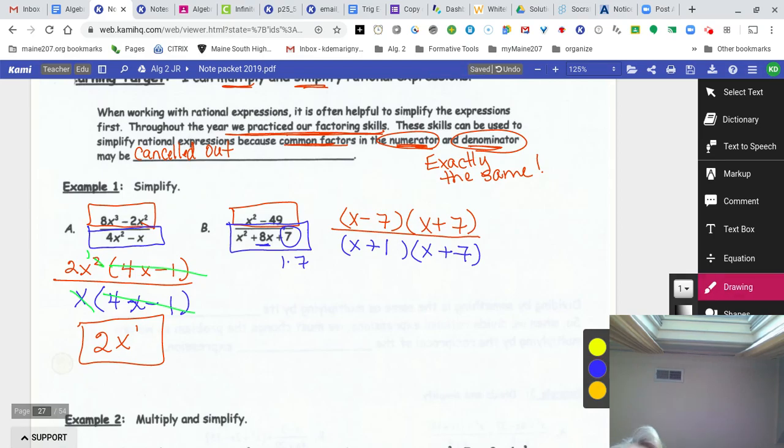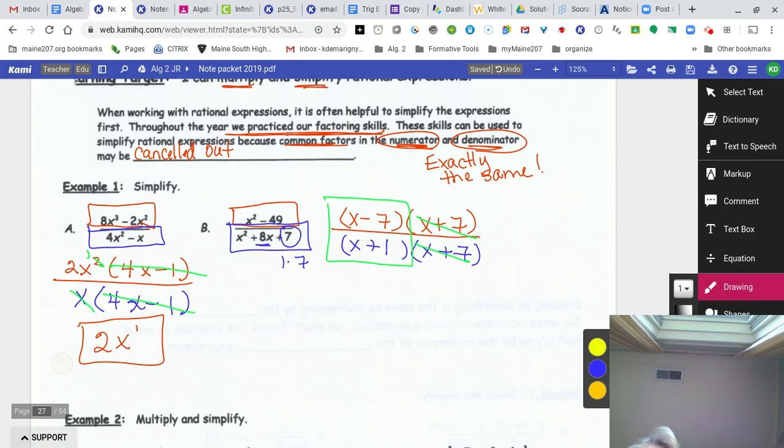The two that are alike, one at the top, one at the bottom, there they are. These two are not. I can only cancel out the entire family, so I can't cancel out an x and an x. The x minus 7 has to cancel out an x minus 7.